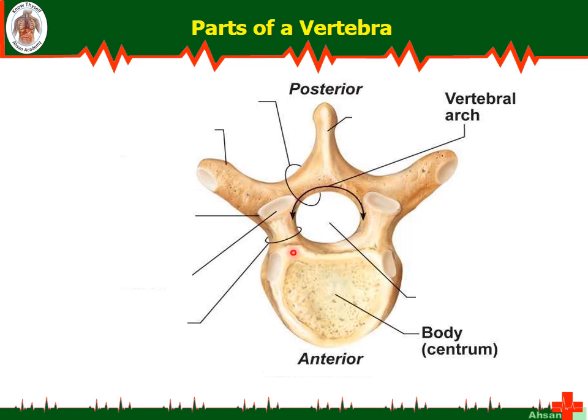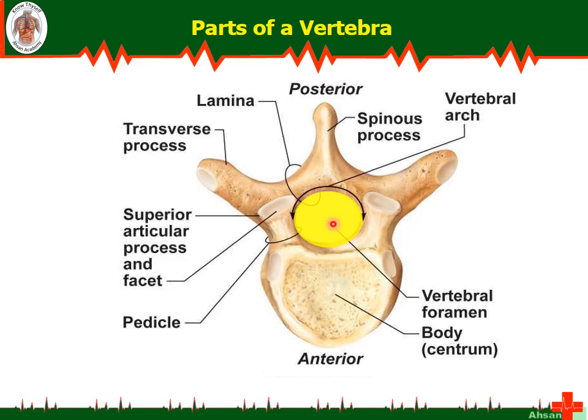These two ends of the arch are attached to the posterolateral part of the body. This part of the arch is known as the pedicle, and this part is known as the lamina. The color changed area, this is the foramen opening, and this is known as the vertebral foramen.